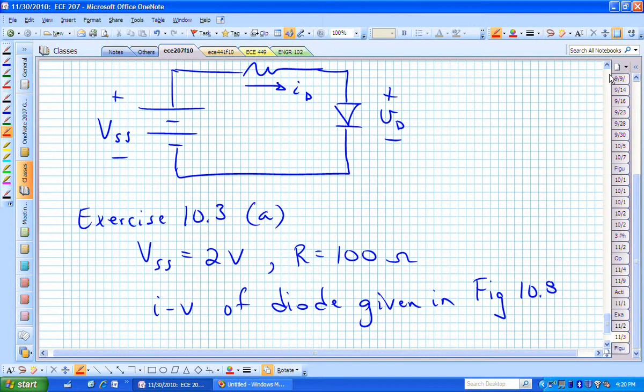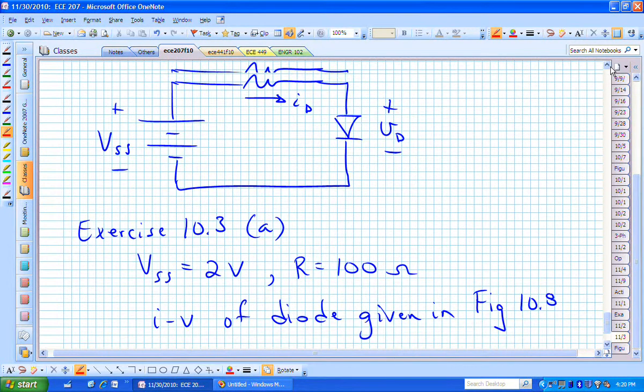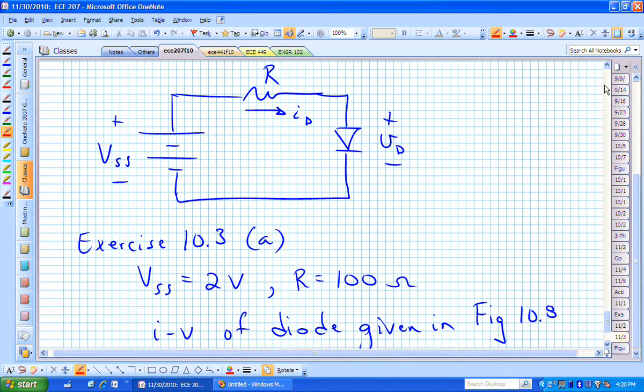What we want to do is, well, this we can think of in terms of its analysis. We could write a KVL equation. KVL is true. It just may fluctuate in terms of the resulting numbers based on what V sub D is. But the relationship is still true.